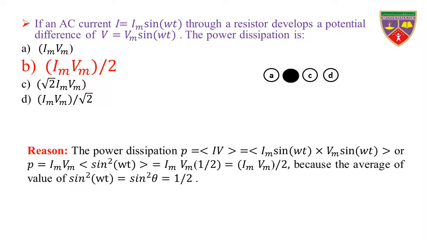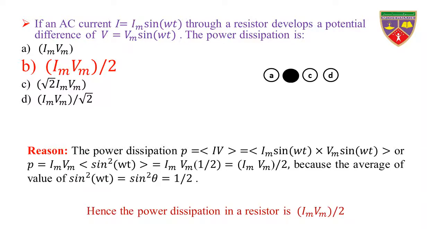Reason: the power dissipation P is equal to average IV, which is equal to average Im sine omega t into Vm sine omega t, which can be written as ImVm average sine square omega t, which is equal to ImVm into 1 by 2, because the average value of sine square omega t is 1 by 2, which is equal to ImVm divided by 2.